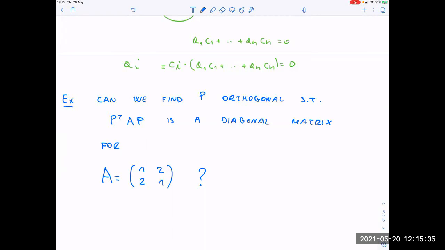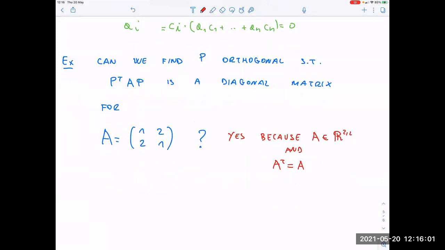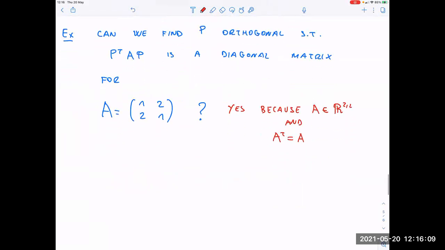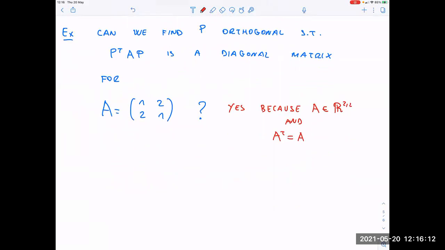Sofia Karnauk, be careful, symmetric and real, right? So, yes, because A is real and A transpose is equal to A. So we know that if you go and do this, you will find orthogonal eigenspaces and so an orthonormal basis of R2.